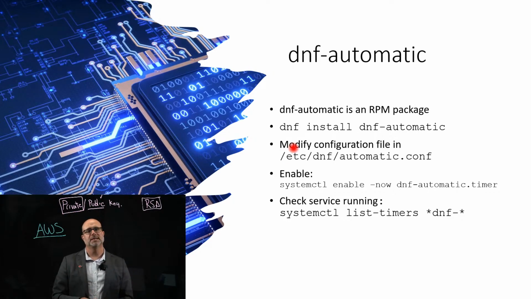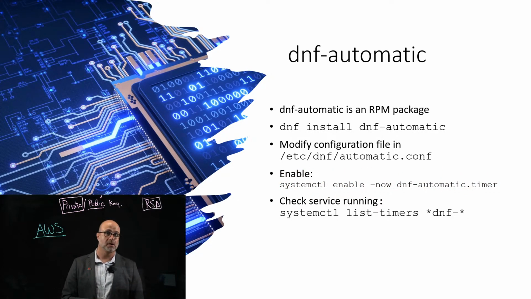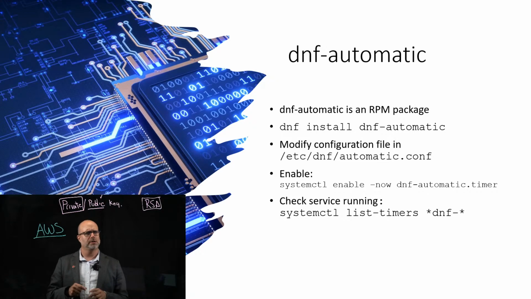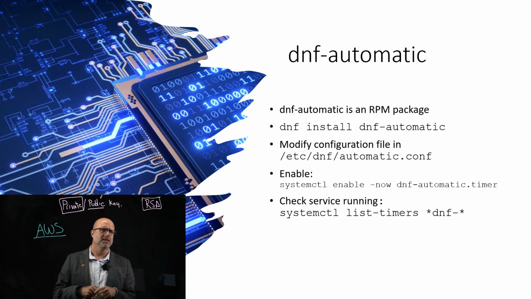So anytime you see /etc, it's typically where the configuration files for a Linux operating system are going to live. And then after you modify the template in this file, you can go ahead and enable it and start it up automatically. And this starts a timer in something called systemd. We're going to talk a little more about systemd later on in this course.